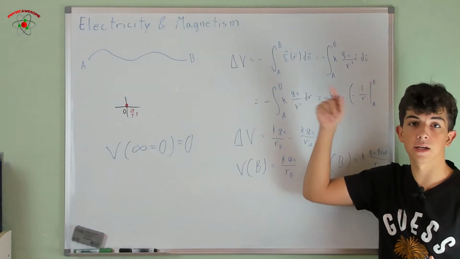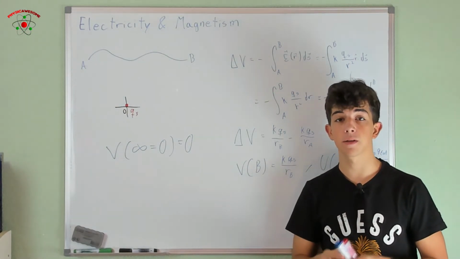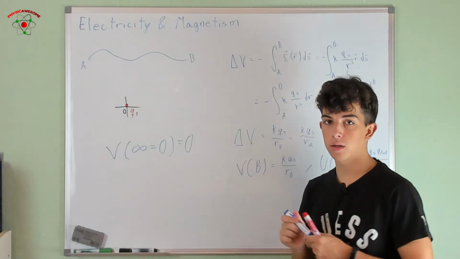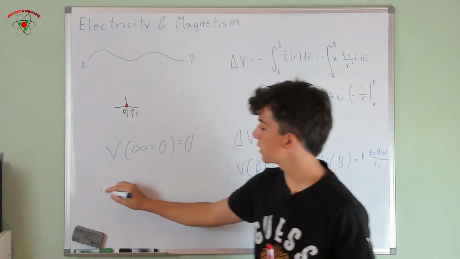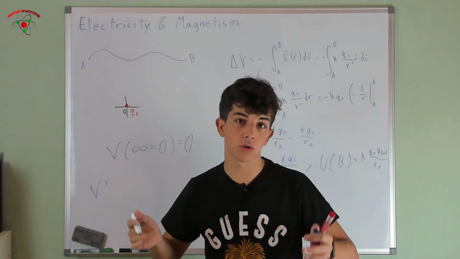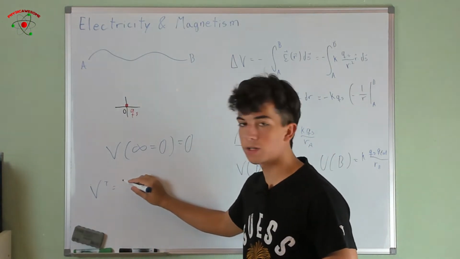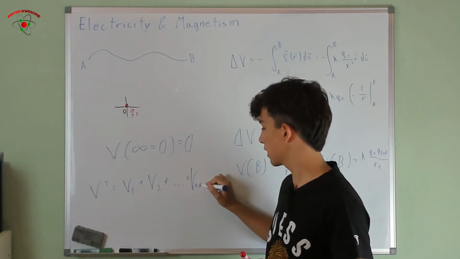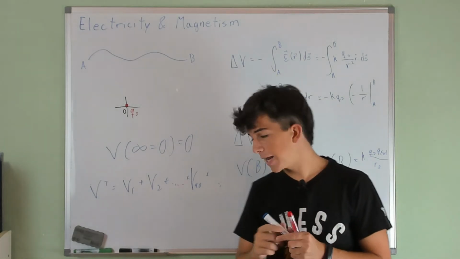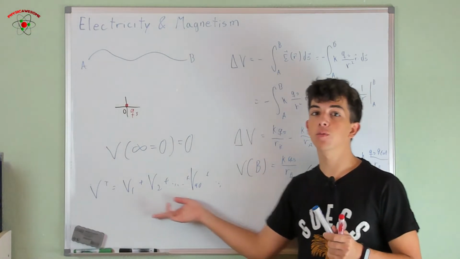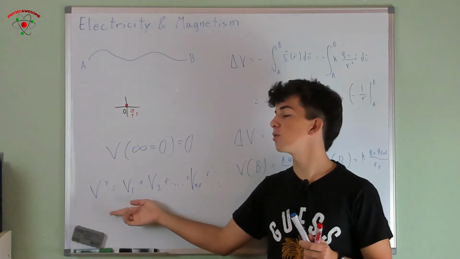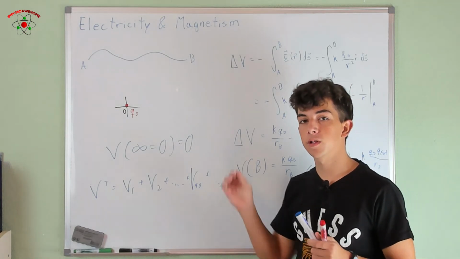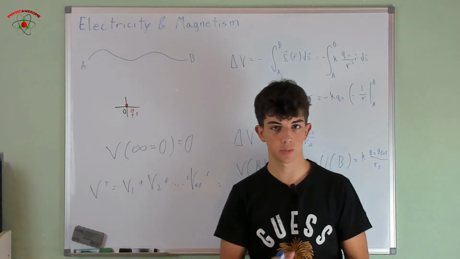So the principle of superposition also applies with electric potential. That is, the total potential generated because of 90 charges equals V1 plus V2 plus and so on up to V90, and it could go on forever. So electric potentials follow the principle of superposition, and to find the total one, we just have to add the different ones generated by each charge at a specific point of space.